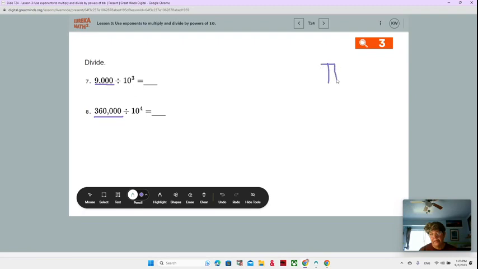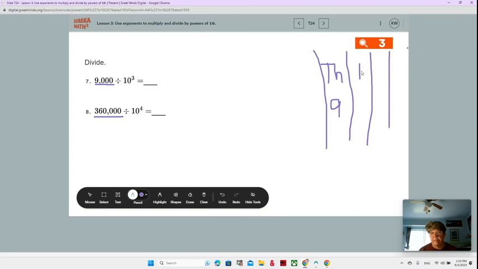If you look at your place value chart, you can put a 9. Remember how I said let's stop using dots? We can put a 9 in the thousands place. You find your thousands place and put your 9 in there. And we're dividing by 10 to the power of 3.